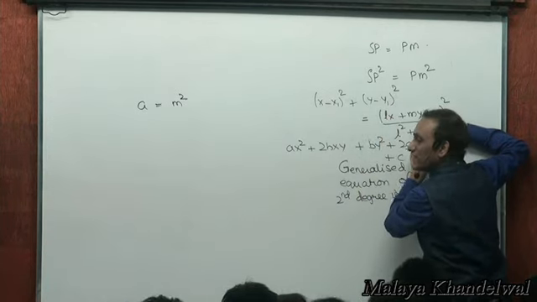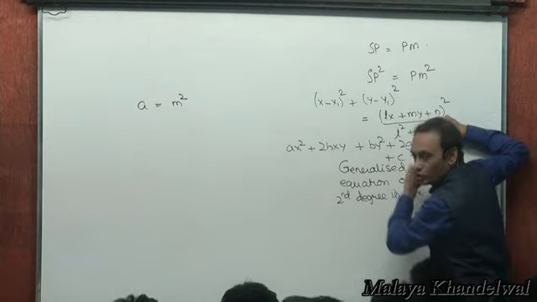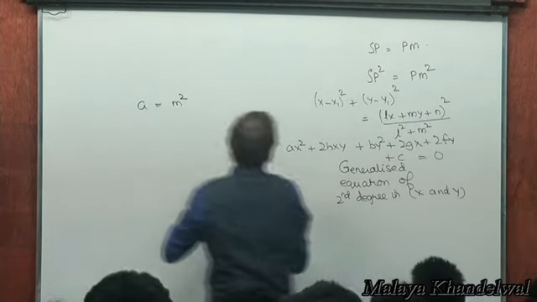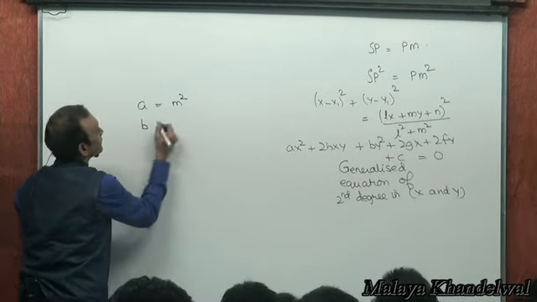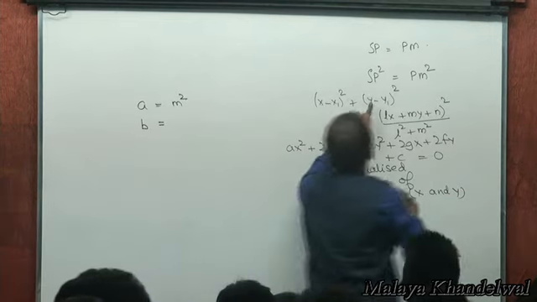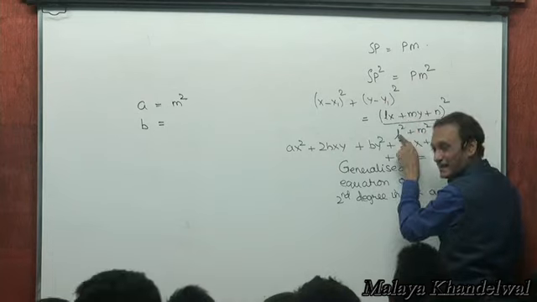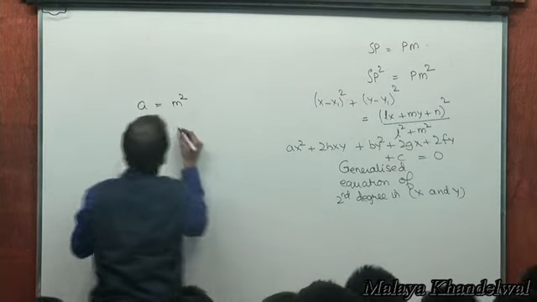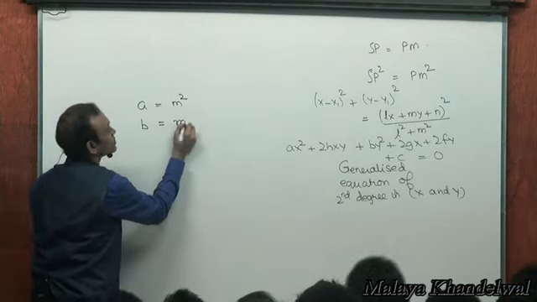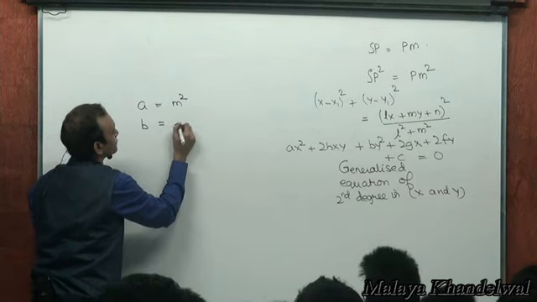So A will turn out to be M squared. Do you realize that? And the coefficient of y squared, B: y squared into L squared plus M squared minus M squared will give me L squared. So B would be L squared.